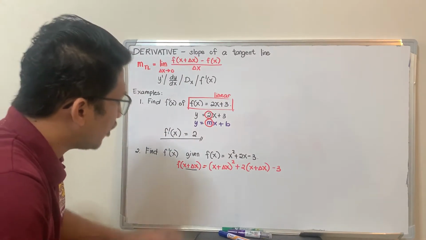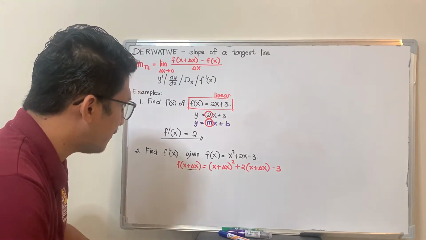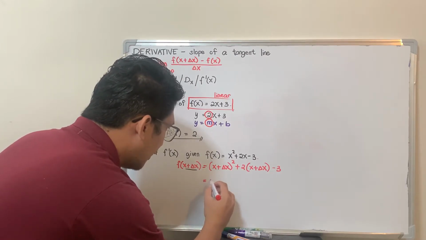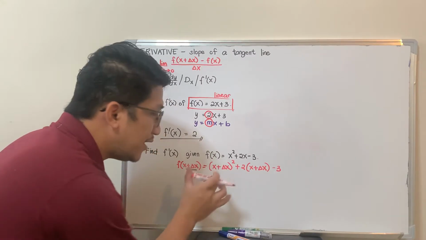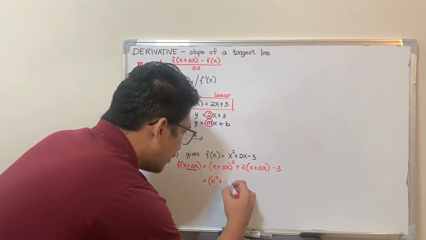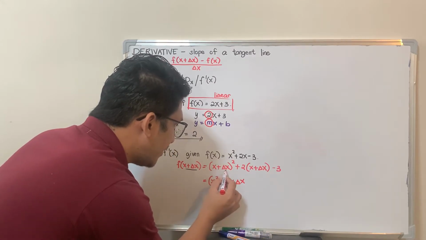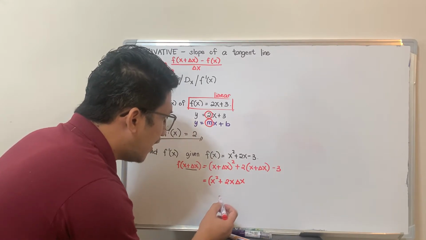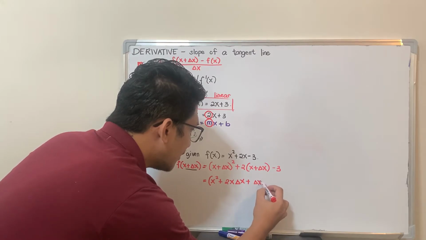We can simplify further, but we can do that later. If you want, we can simplify here so you won't get confused. This becomes x squared plus, applying special products, 2x delta x, then plus delta x quantity squared.